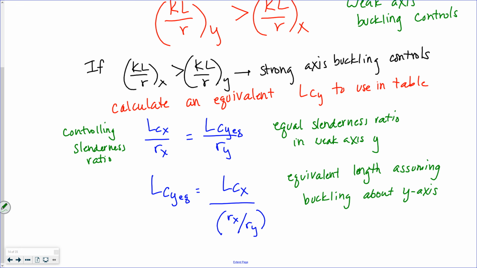So if I find that my slenderness ratio for my x-axis, my KL over R, so my LCX over RX, is greater than my LCY over RY, that means I'm going to buckle about my strong axis before my weak axis.